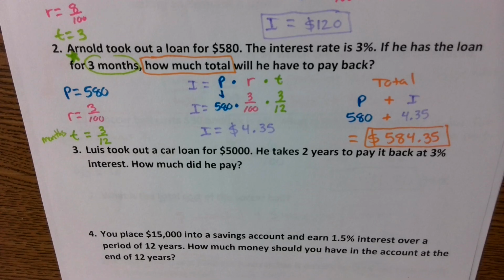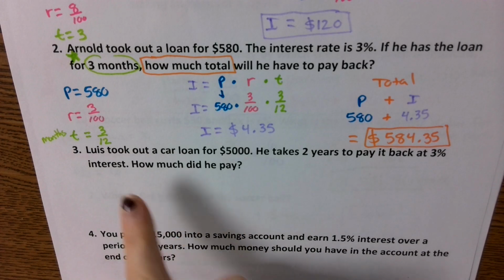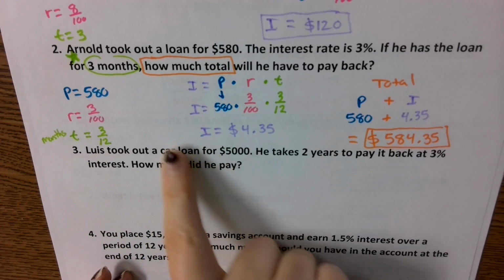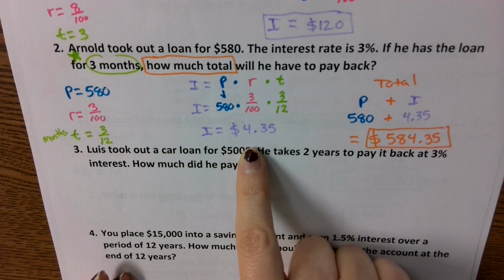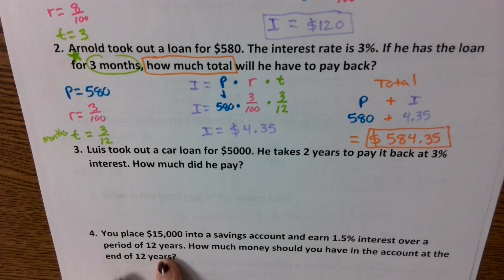Total. Here's a note. If they're asking for interest, they're going to physically say, how much interest? If you don't see it say, how much interest, then they're looking for the total. This wants the total. How much did he pay? He paid for the loan, and he pays interest. Okay, look at problem 4. How much money should she have in her account at the end of 12 years?